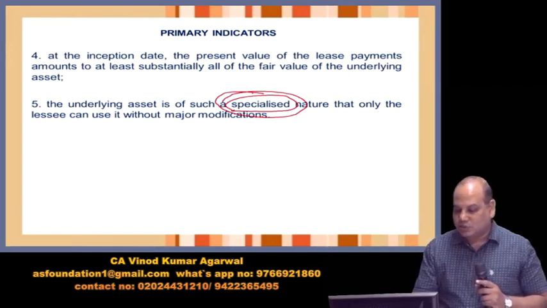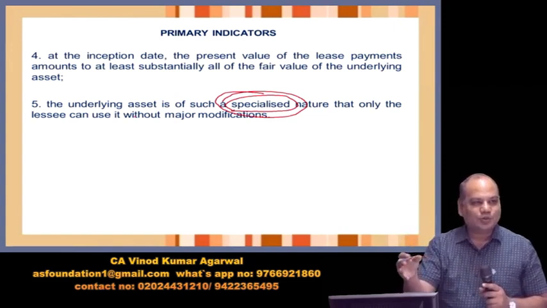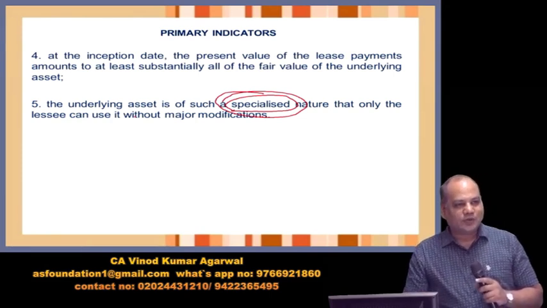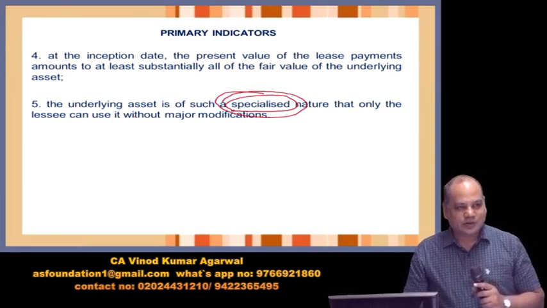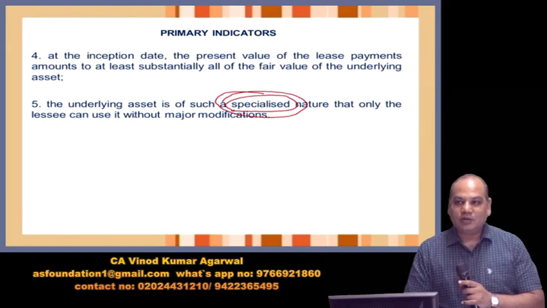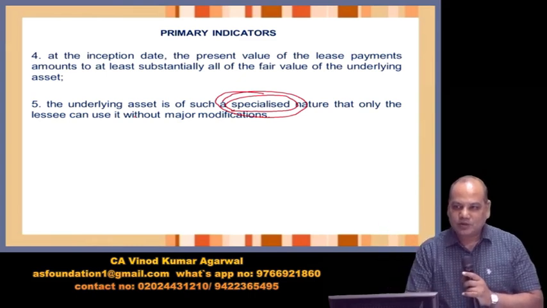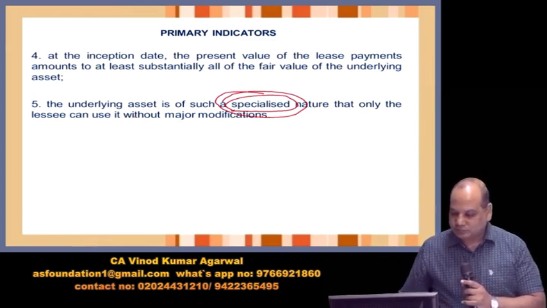If others can't use it, of course the lessor would invest in such an asset only if he can recover the cost and the time value of money from that asset. Why would you otherwise give an asset on lease to somebody if it can't be used by others, and you can't recover it from one party? So such leases are bound to be finance leases. Okay.